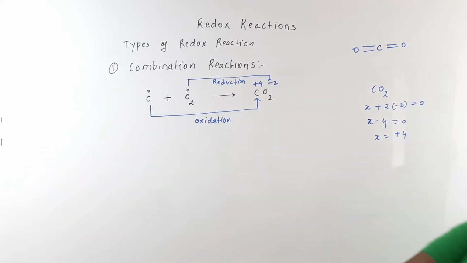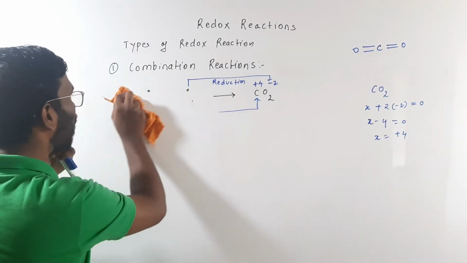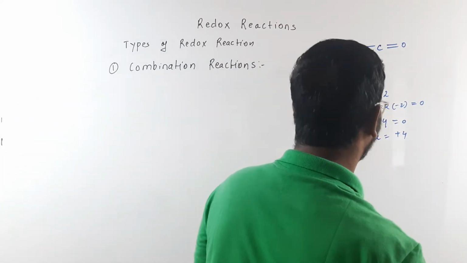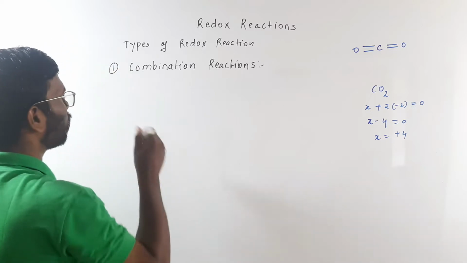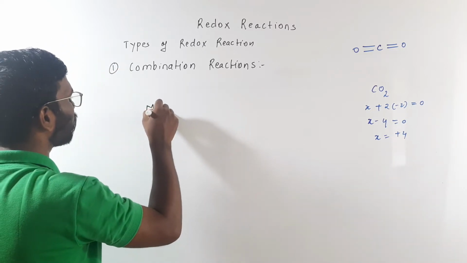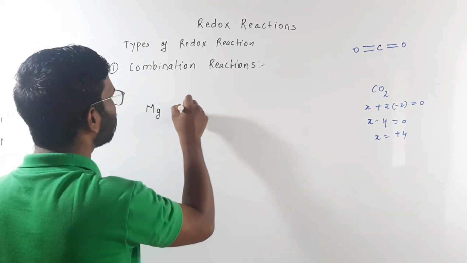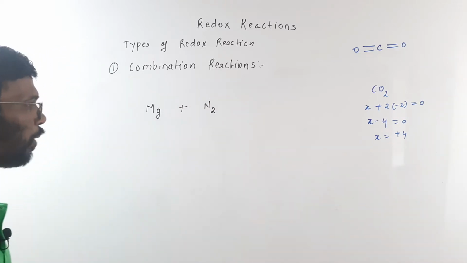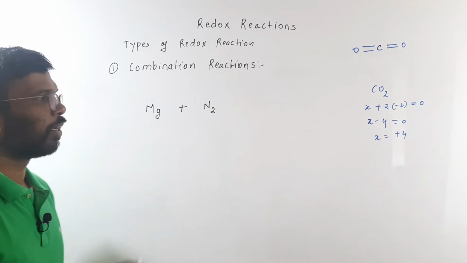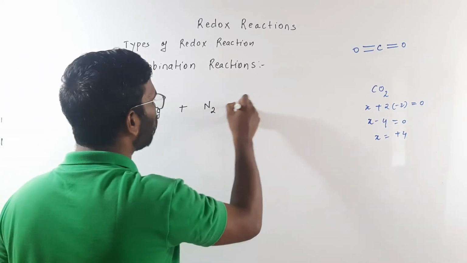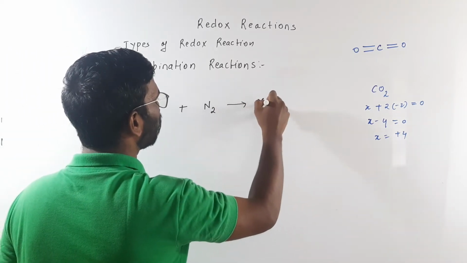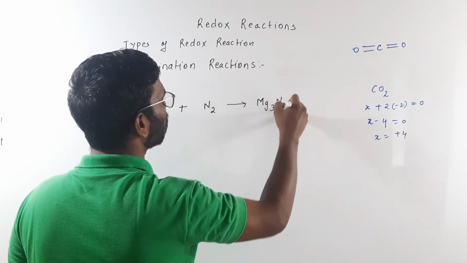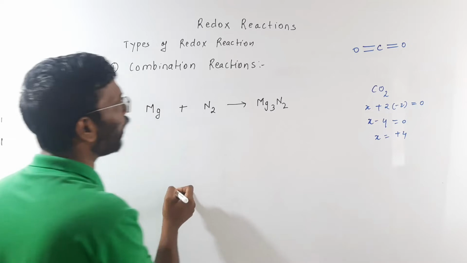Let's take one more example of a redox reaction under combination reaction. Magnesium and N2, nitrogen gas. If you react magnesium metal with nitrogen gas, this is what you get.